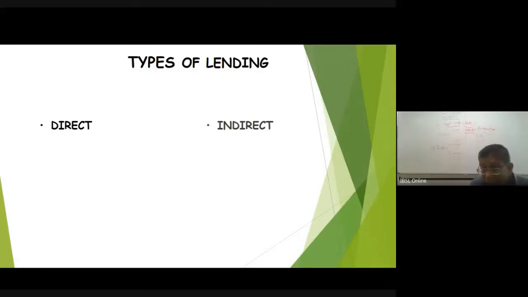And therefore the bank may face some sort of liquidity issue. Whereas indirect lending is where money, cash, is not going out from the bank, but it is a promise. It is a liability of the bank.